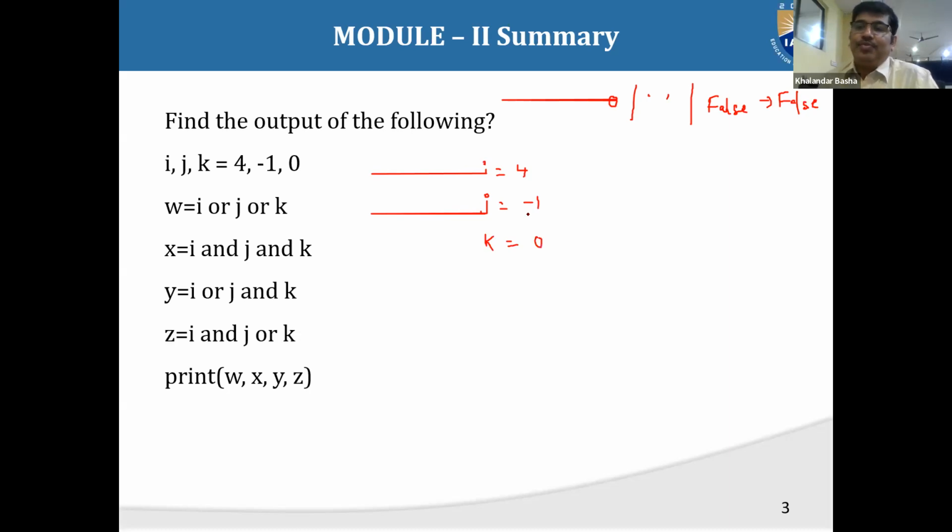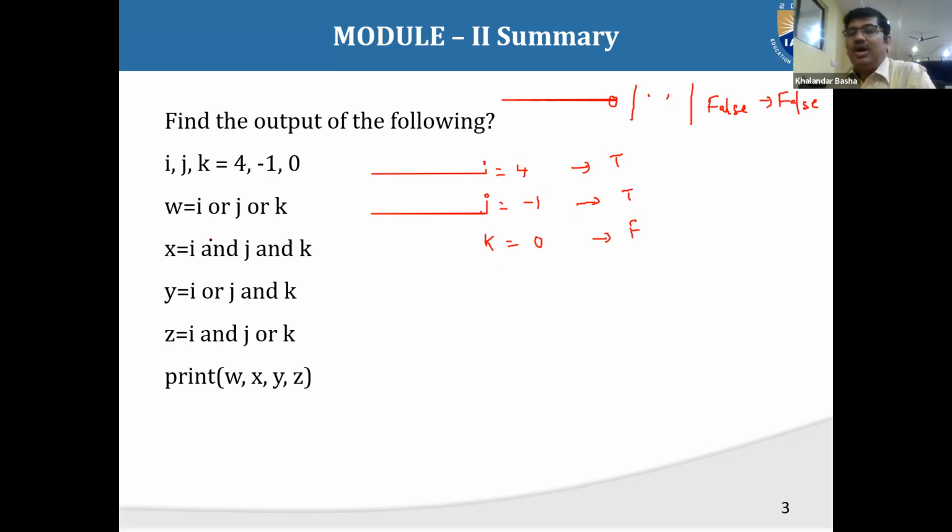In terms of Boolean, as i is not 0, not an empty space, and not false, it will be taken as true. j is equivalent to minus 1, which is also taken as true. What about k, which is equivalent to 0? It will be considered as false.